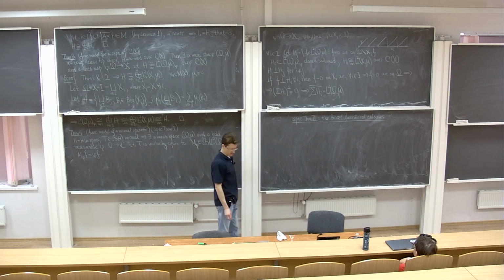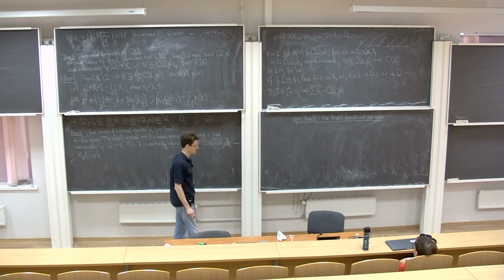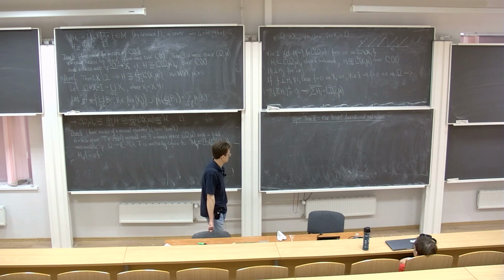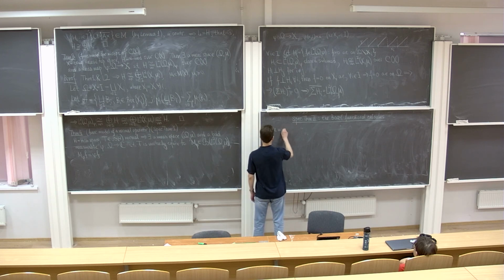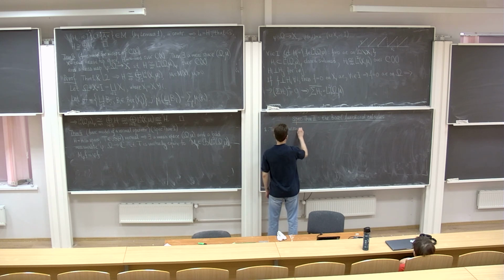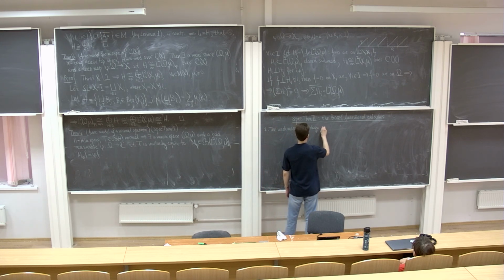Okay, so to formulate this theorem, we need some preparation. Because the statement, the definition of the Borel functional calculus involves two specific locally convex topologies, namely the weak measure topology and the weak operator topology.